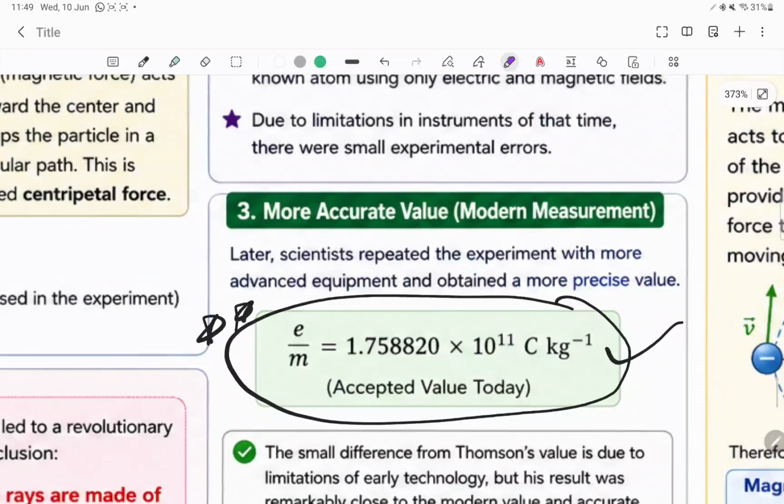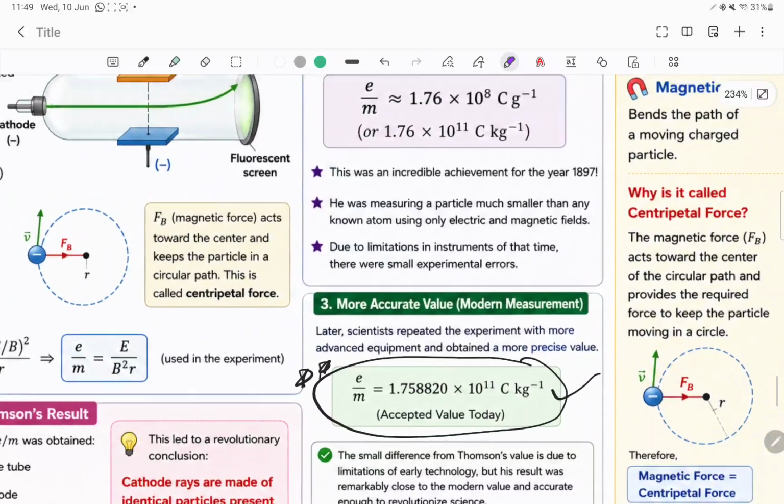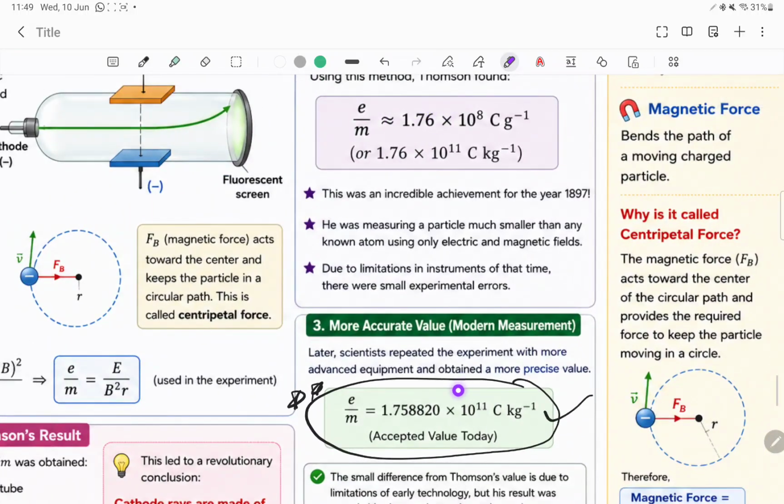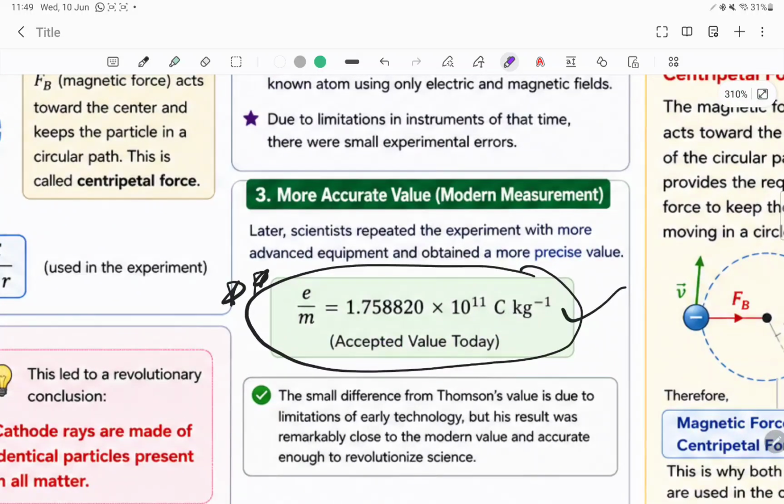But even so, whatever he calculated is very close. This is 1.76, and this is 1.7588, the more accurate modern value. This you have to remember for the exams, either board exam or competitive exam. Better remember the modern value.